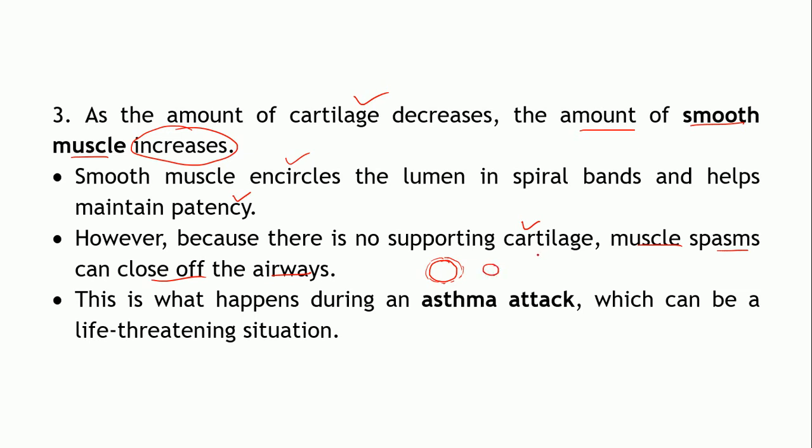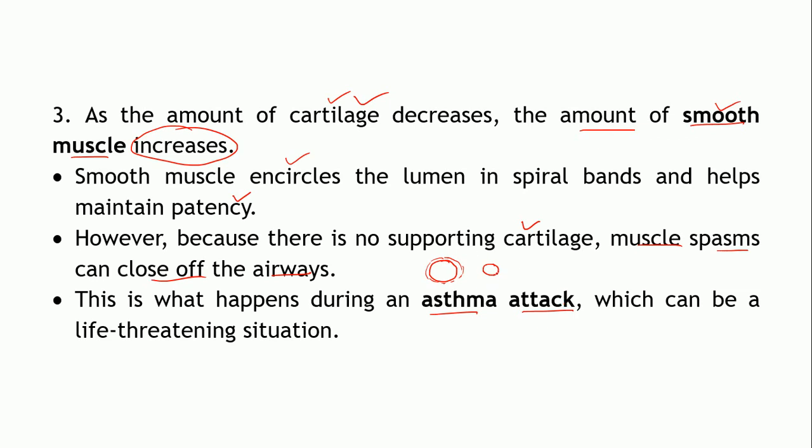Because of excessive muscle spasm, these airways in the terminal regions, specifically where the amount of smooth muscle is more and the cartilage disappears, can collapse. So, in the terminal bronchioles, the muscle spasm can result in collapse of these tubules. This can precipitate an asthma attack, which can be life threatening.